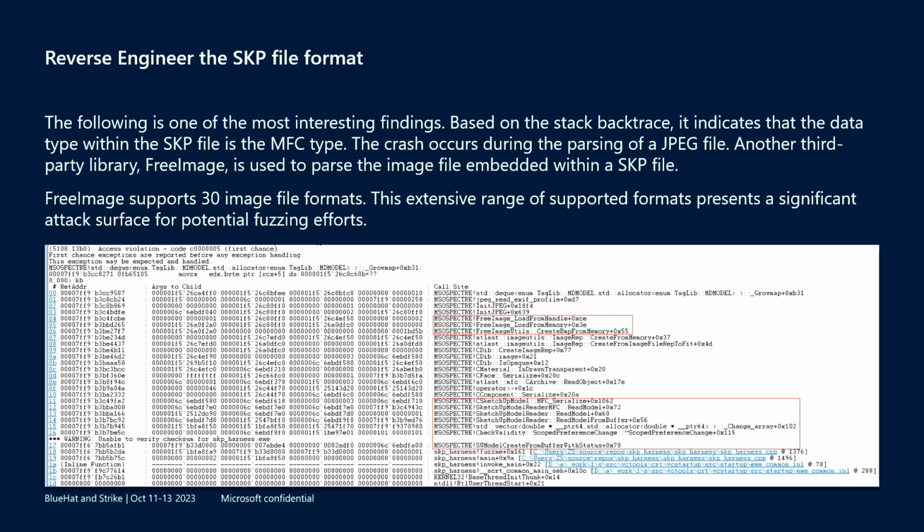What makes this finding even more fascinating is that another third-party library, FreeImage, is used to parse the image files contained within the SketchUp files. FreeImage supports 30 different image file formats. This wide range of supported formats presents a significant attack surface for fuzzing.